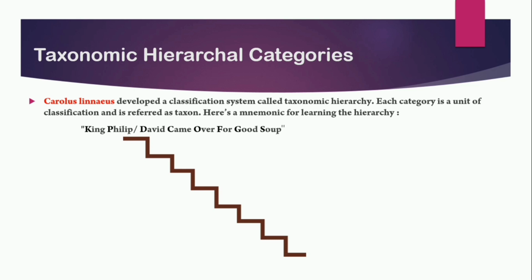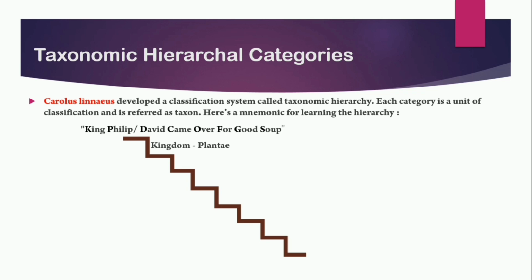Each category is a part of classification and is referred to as taxon. Okay, so there are levels in the hierarchy, and each category is known as taxon. Let's learn one by one. The first category is kingdom, and this category particularly can be called as taxa.